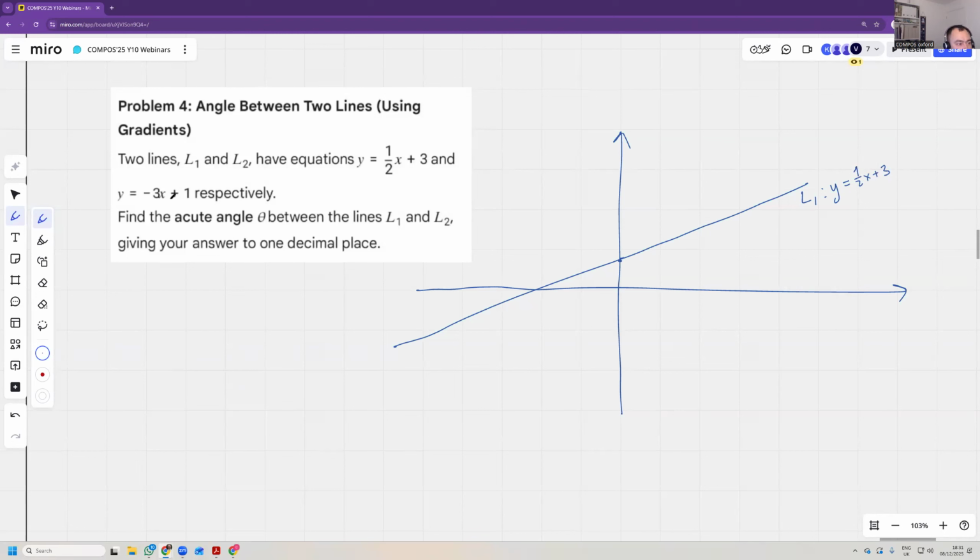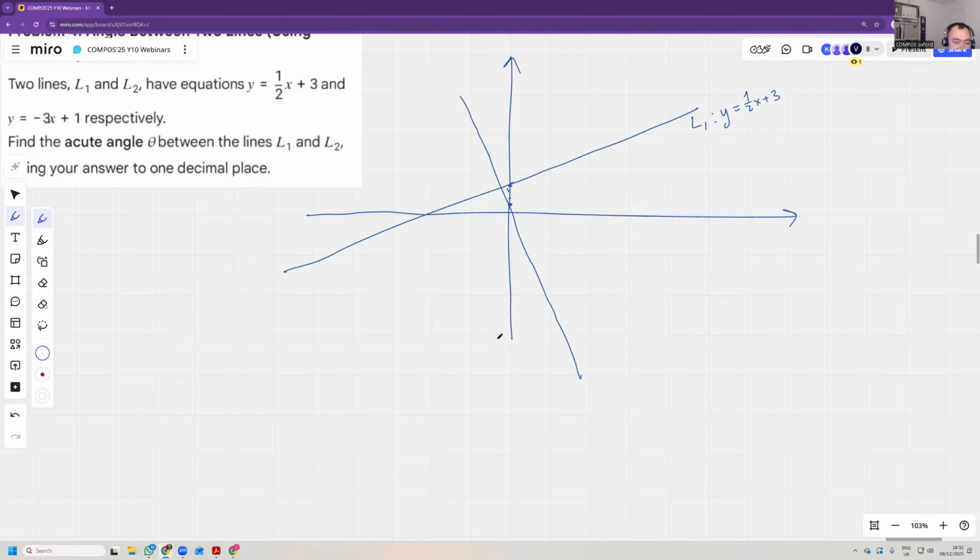The second line has minus 3x plus 1. So the gradient is minus 3. So it's quite a steep line. Right. Interesting. Remember what I've spoken before.